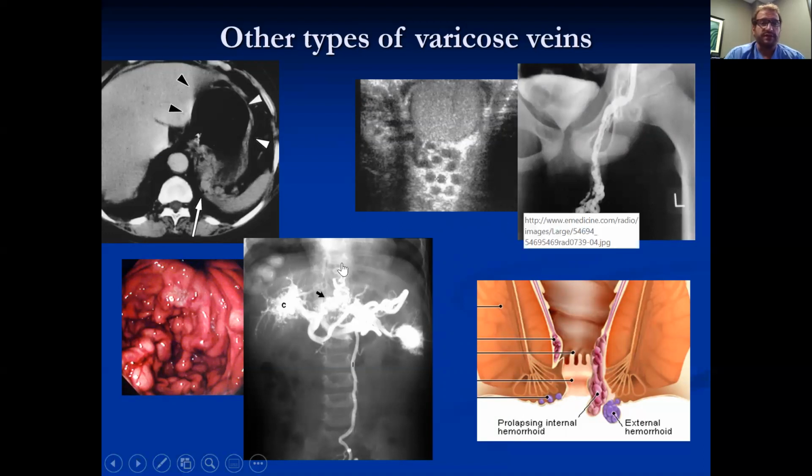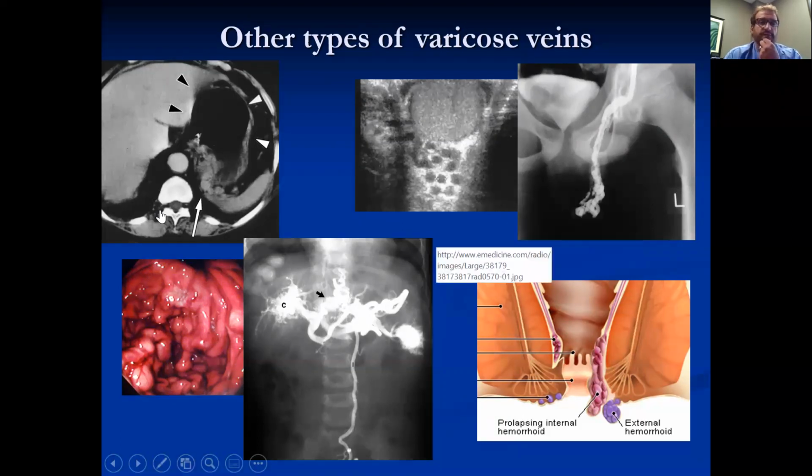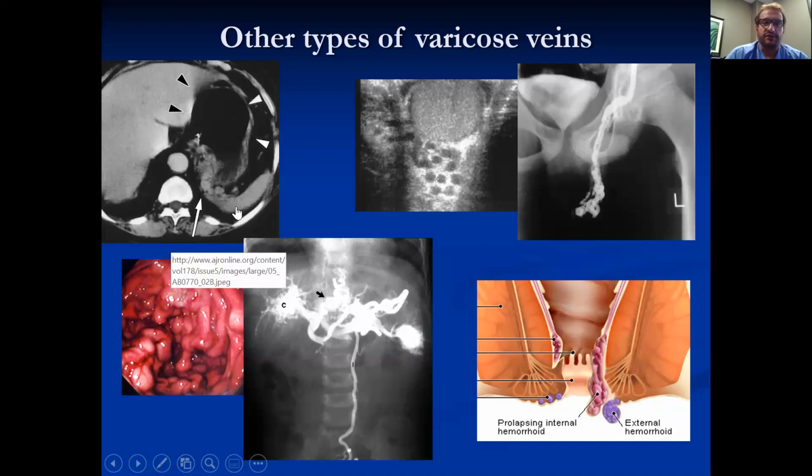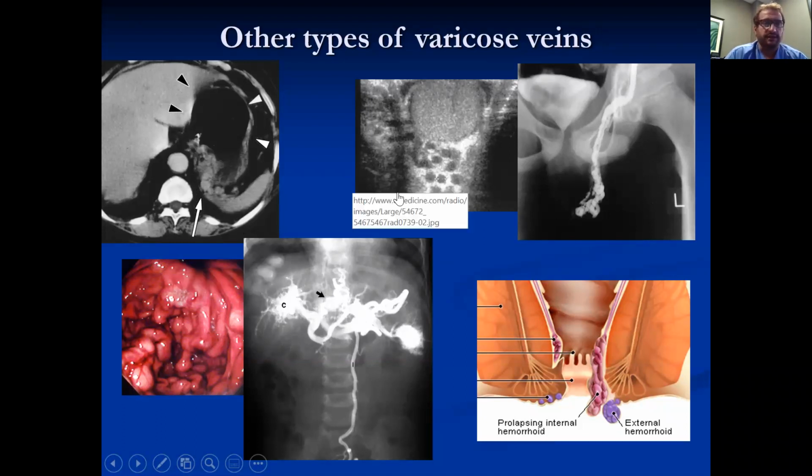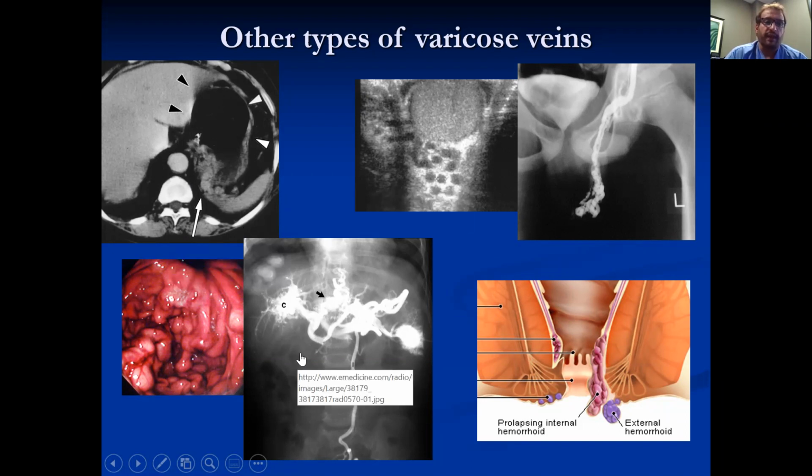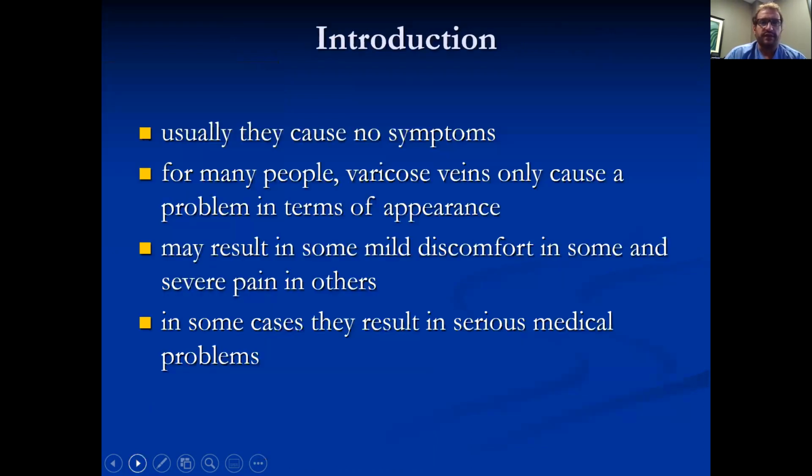So for different reasons and different tendencies in terms of pressure transmission in these veins, you can get distension, and they can lead to problems. In the case of portal hypertension, you're looking at bleeding, which can be pretty significant. And in the case of varicoceles, you can get pain, discomfort, and some association with infertility.